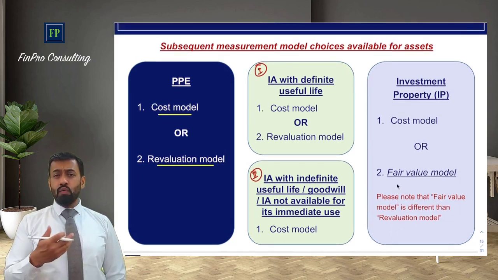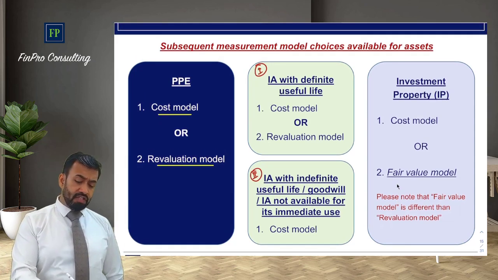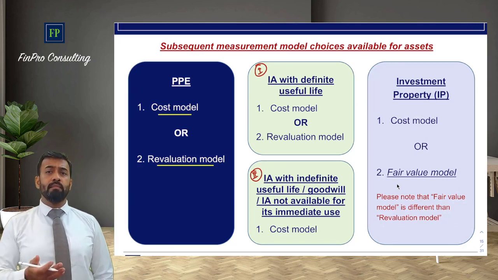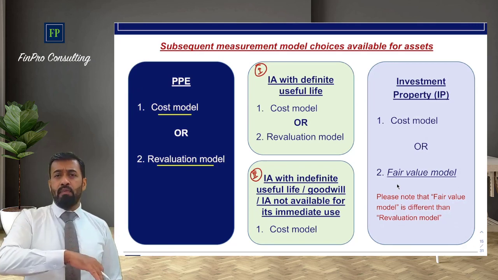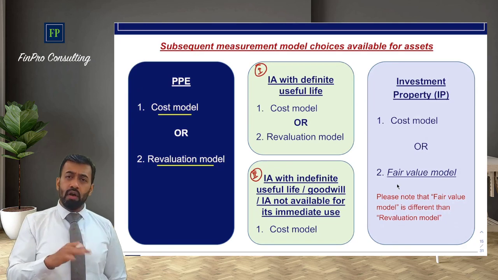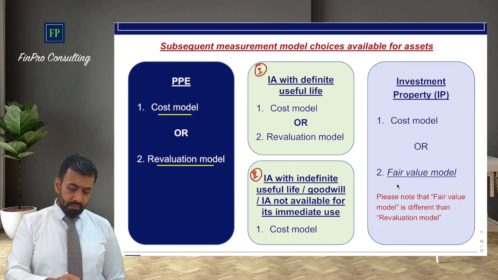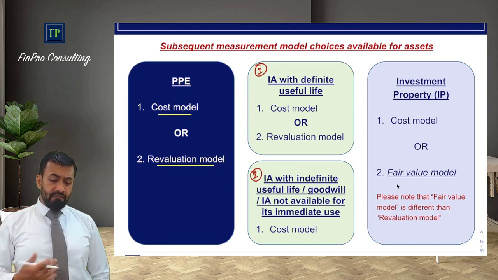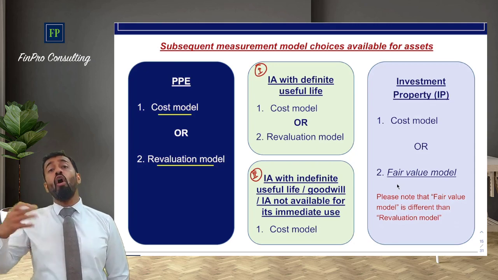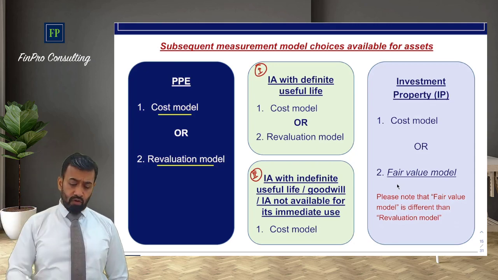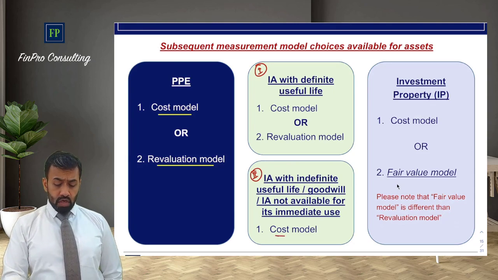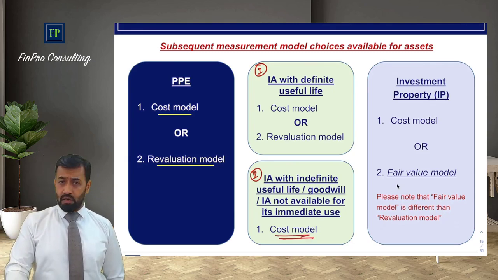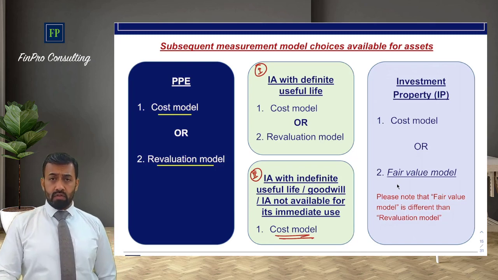For intangible assets with definite useful life, we'll have a similar subsequent measurement model like property, plant and equipment, cost model or revaluation model. Intangible assets with indefinite useful life, or goodwill, or intangible assets which are not available for immediate use, will have only the cost model. There will not be any revaluation model available with those assets.